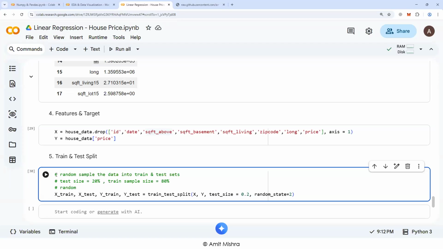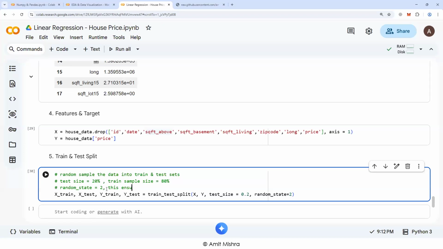Let's also pick random state equals 2. This random state is important. Why fix the random state value?